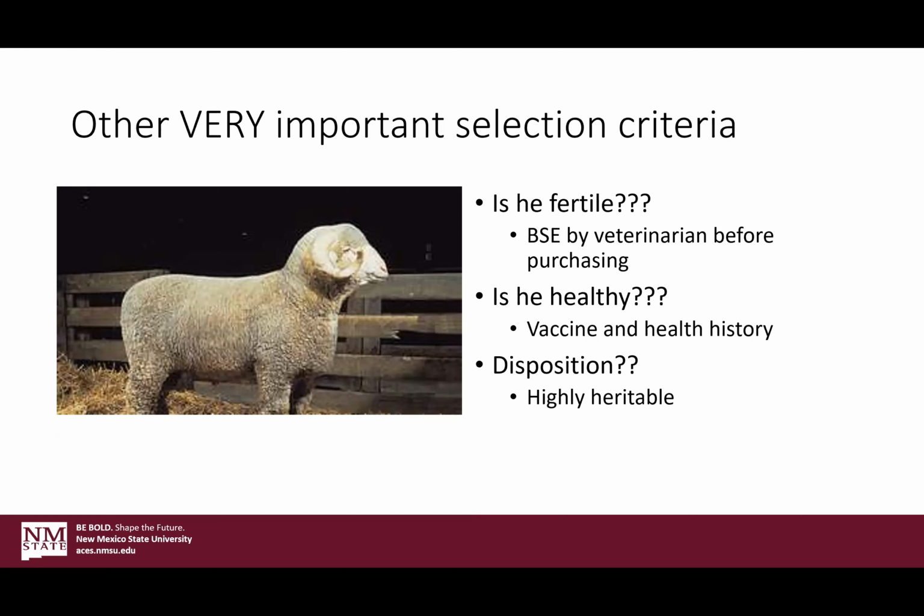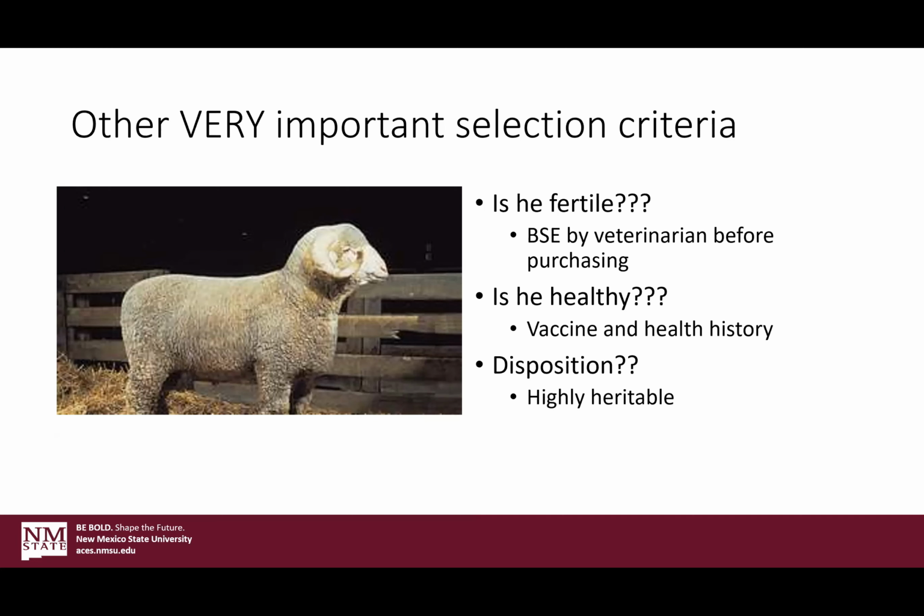And disposition, right? We think of sheep as maximum 250 pounds-ish on the big side, but they can really knock you down, they can hurt you, and they can be very problematic in terms of disposition. Depending on your setup and what you're willing to deal with, keep in mind disposition is very heritable.